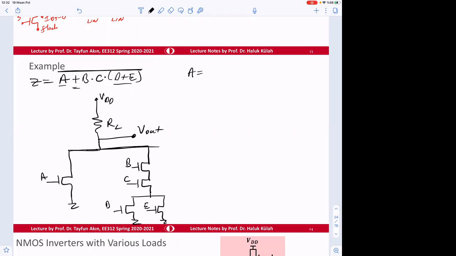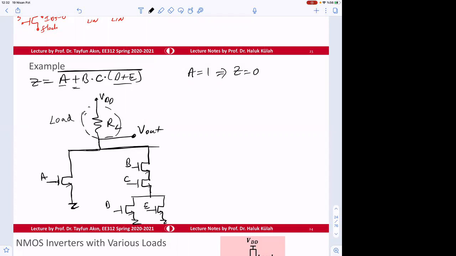A is 1, then Z is going to be 0. The transistor is on, which means it pulls this down. So maybe I can put here, I'll stop here. This load can be a different load. Load can be an active load also. It doesn't have to be a resistive load.